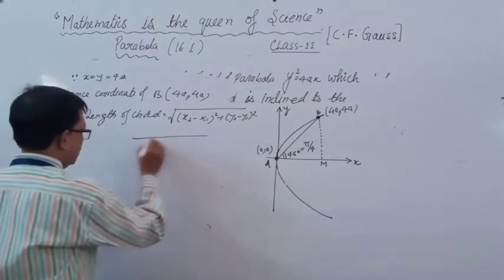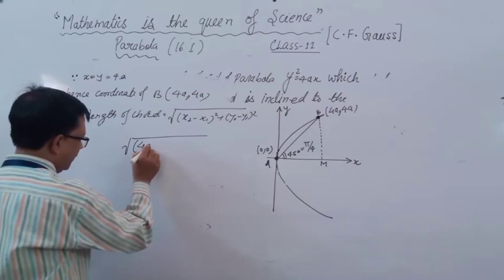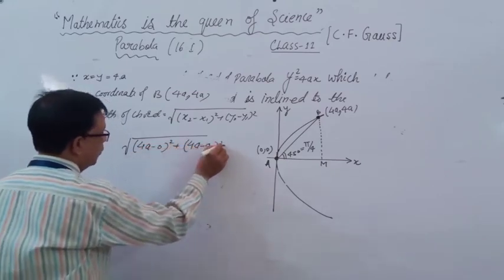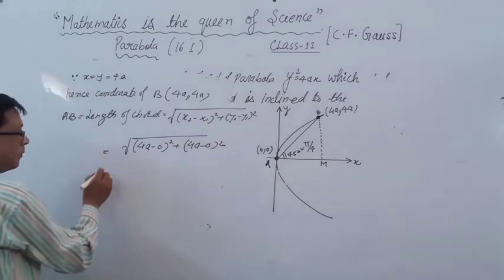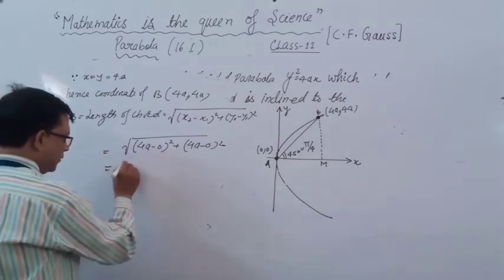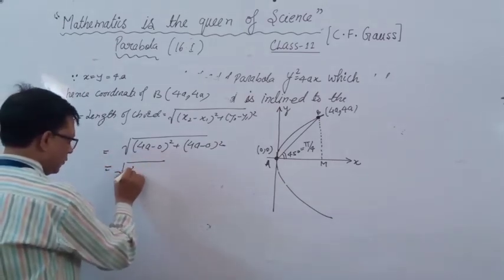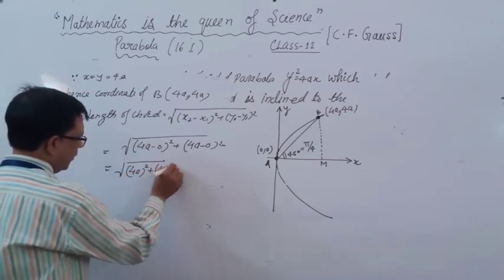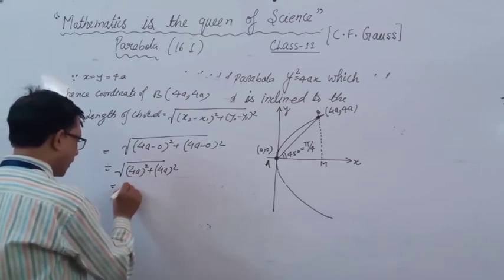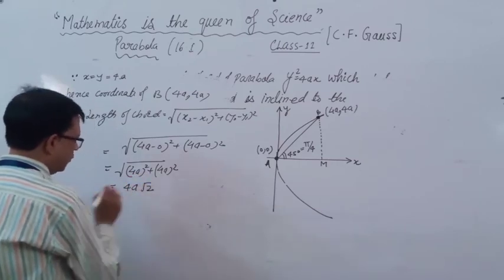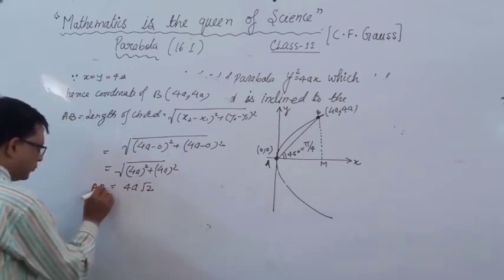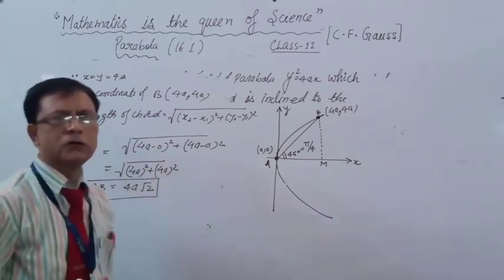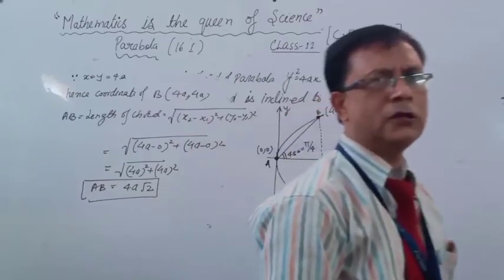So this is 4a minus 0 whole square plus 4a minus 0 whole square. So this is 4a square plus 4a square. If we take 4a outside, then here we get root 2. So this is the length of the chord and this is our final answer. So note this good question, then we discuss some more.